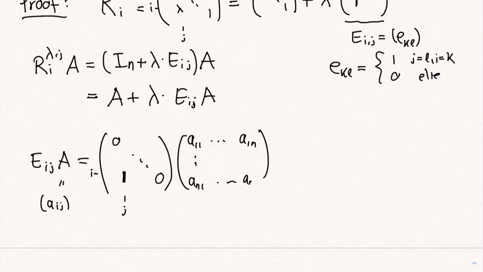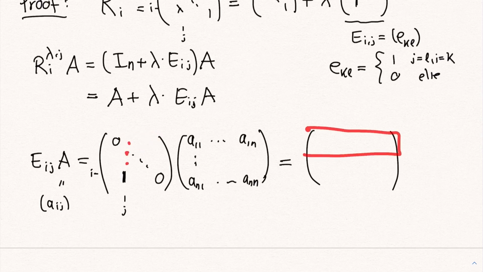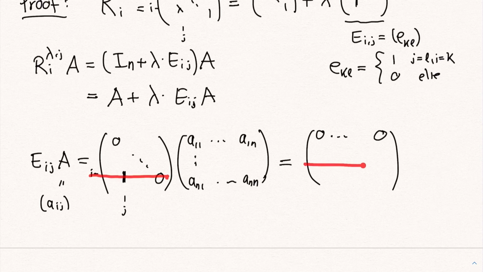And let's say A has entries a_ij, so I multiply here with A, with entries a_11, a_1n, a_n1, a_nn. And if I multiply this, what matrix do I get? Well, here I have zeros everywhere. So the first i minus 1 rows are just 0. But then at the ith row, I get some entries. So in the ith row, what do I get as entries?